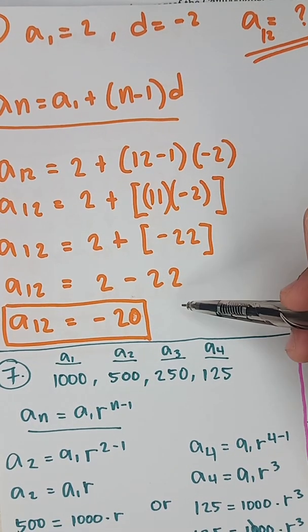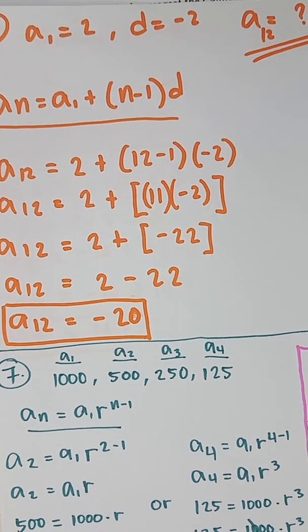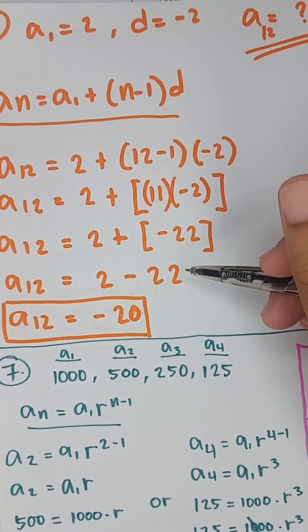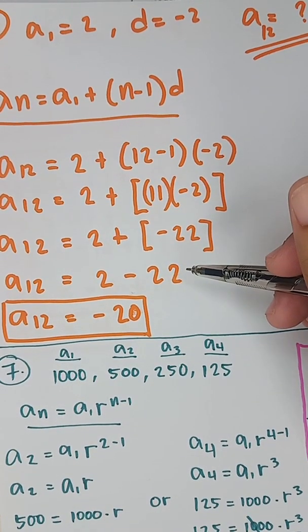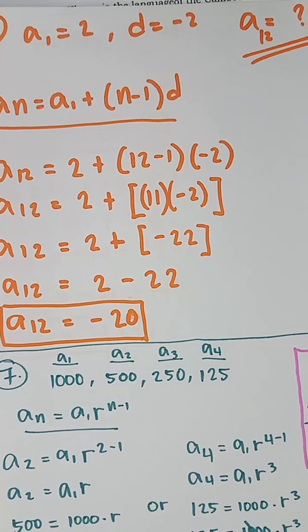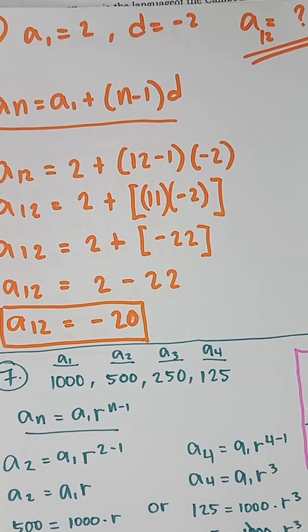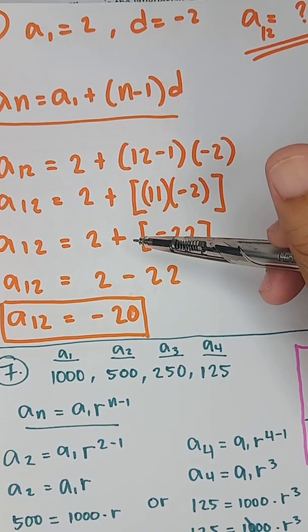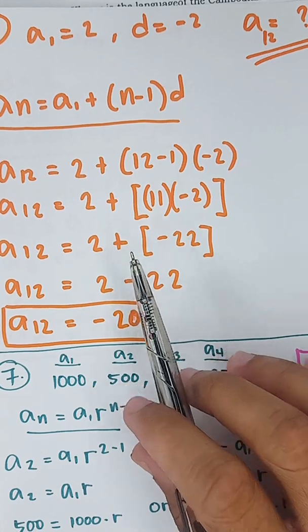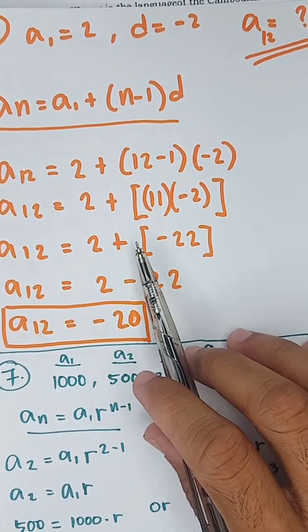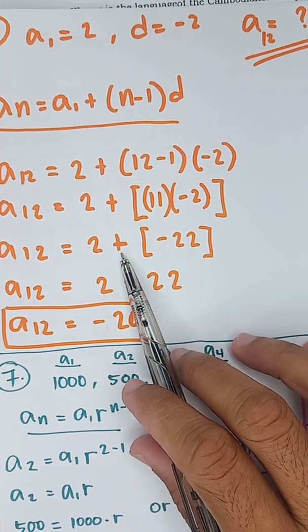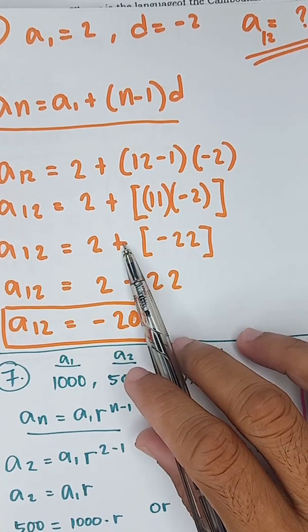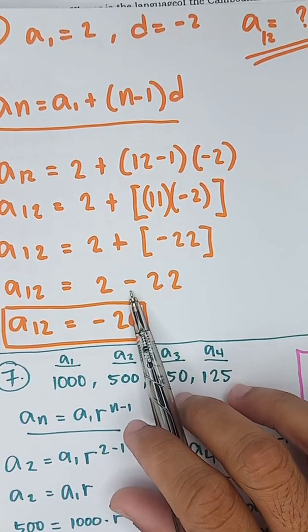Pero dito, isa-shortcut lang natin para wala nang mahabang procedure on how to get rid of the bracket. Yung ginawa ko lang, minultiply ko lang yung mga signs. Dito is positive, yung sa loob ay negative. You multiply the two, you get negative.